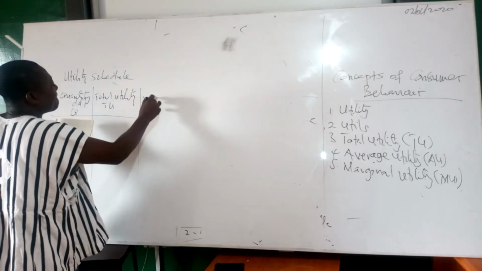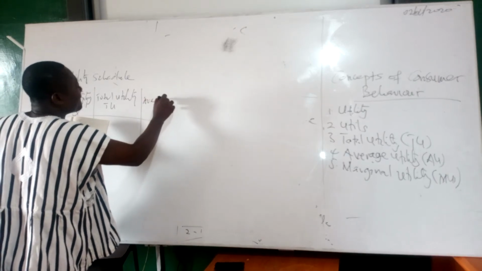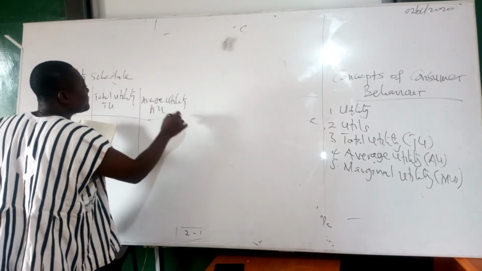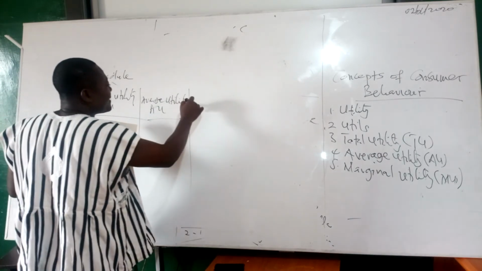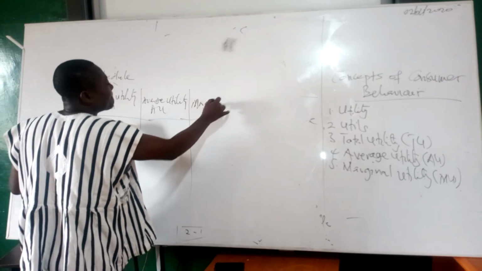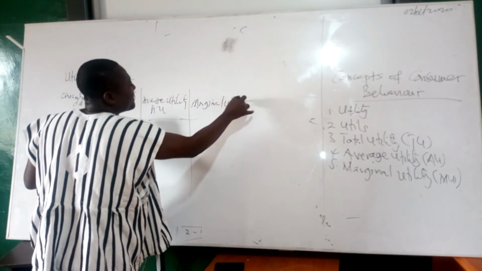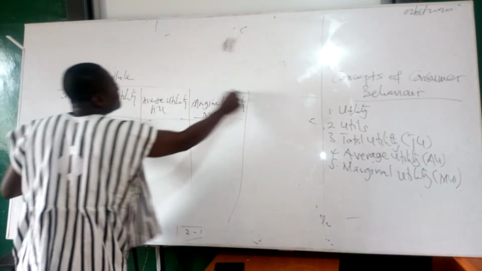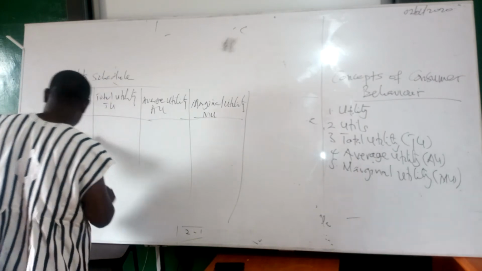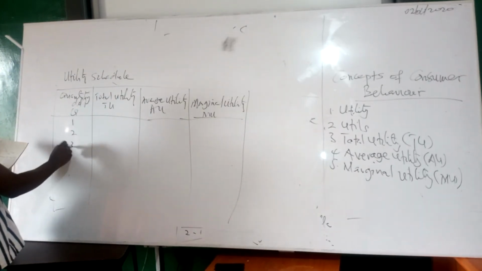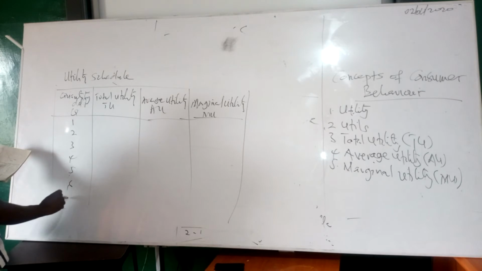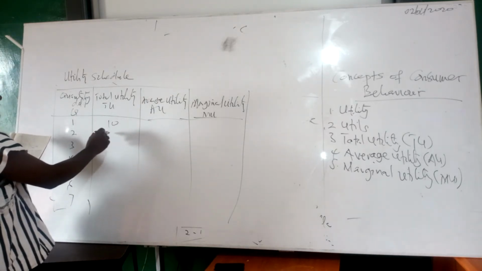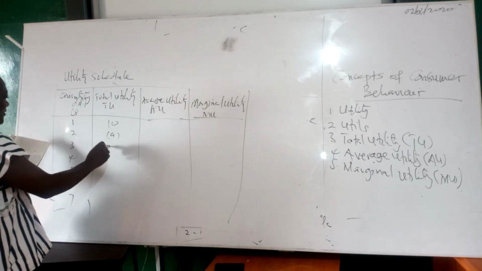Average utility, AU, and marginal utility, MU. One, two, three, 4, 5, 6, 7. Here 10, A, 24.